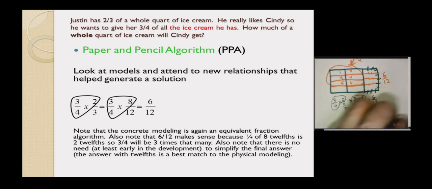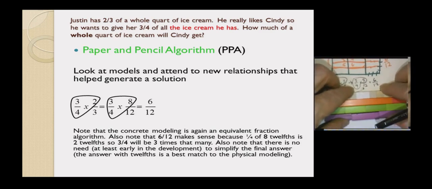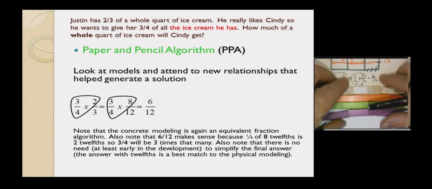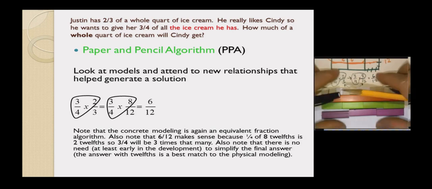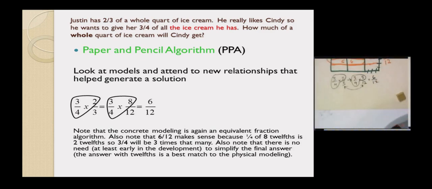You can see again that the 2/3 here actually becomes 8/12 if you look at it up there, and so I can take 3/4 of that 8/12. So the algorithm is not a multiply straight across. It is an equivalent fraction kind of algorithm.